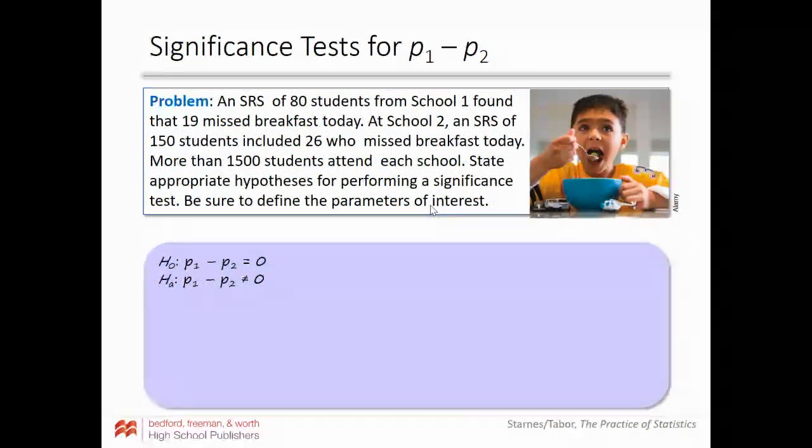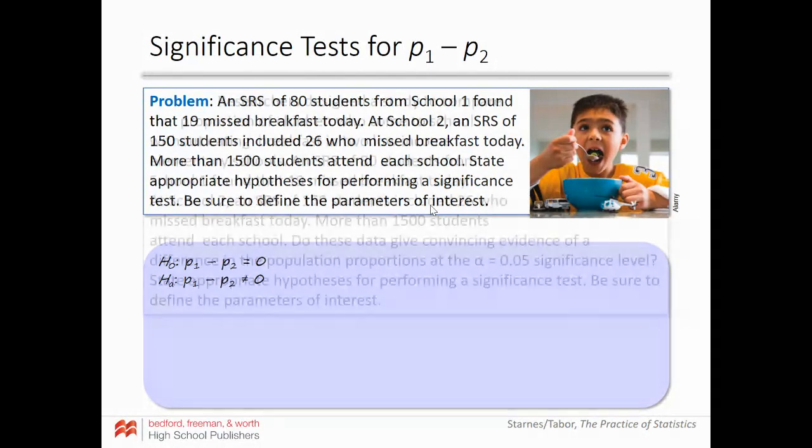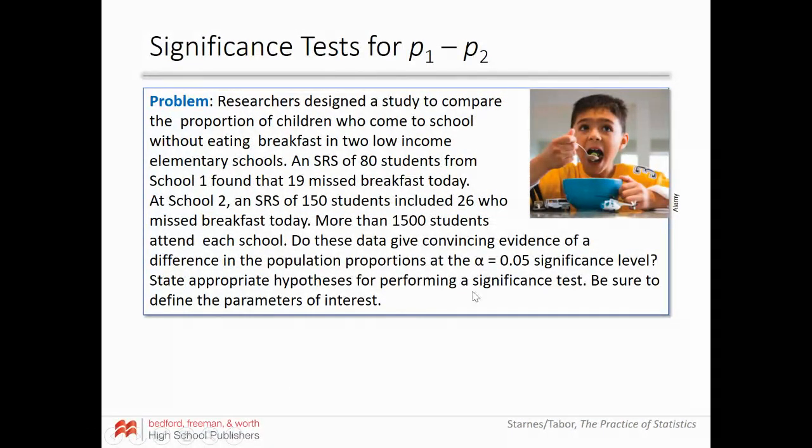So it's going to follow the same kind of process: state, plan, do, conclude. So at first, we're going to state our hypothesis. So right off the bat, we're going to do p1 minus p2 is equal to 0. So then our alternative hypothesis is that it doesn't equal 0. The reason why we say doesn't equal 0, if I go back, it asks, do these data give convincing evidence of a difference in the population proportion?